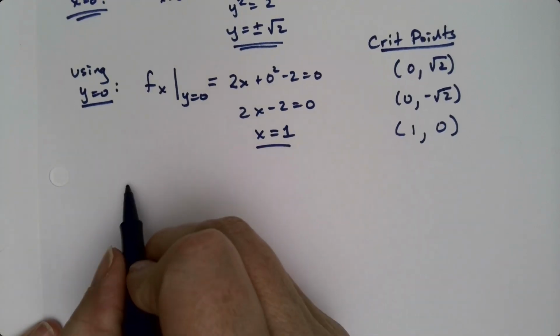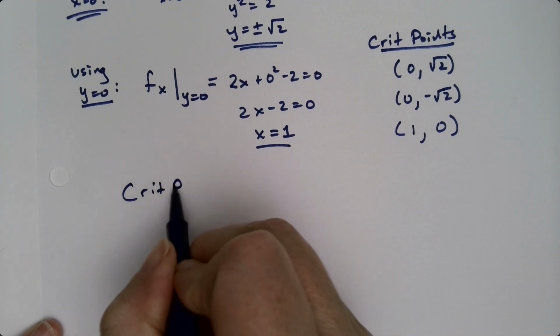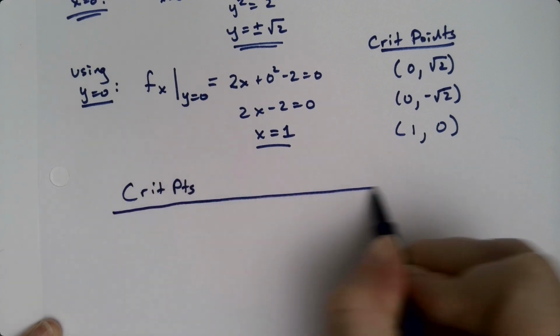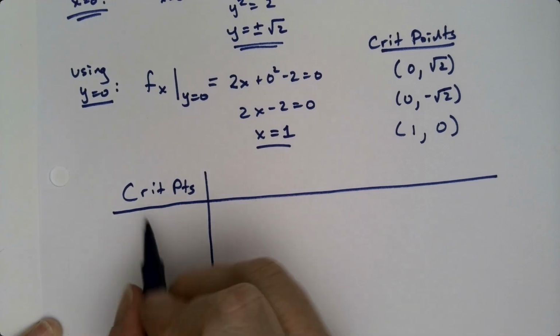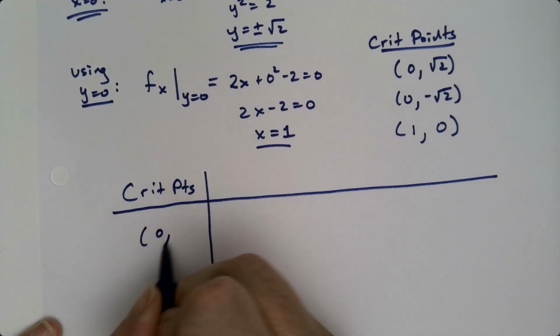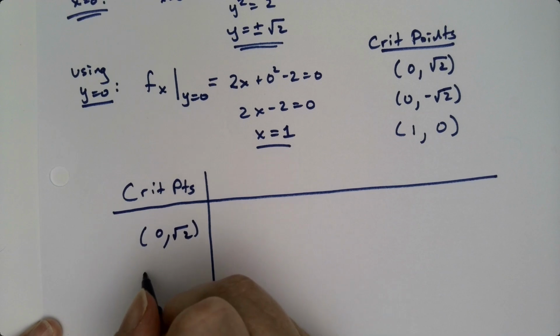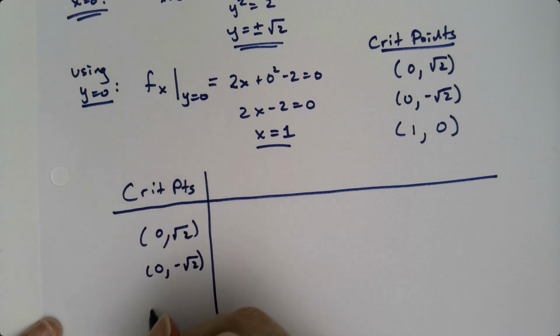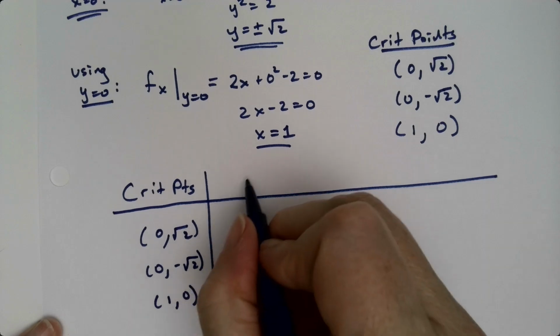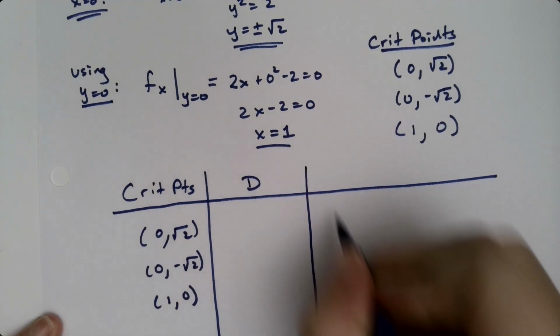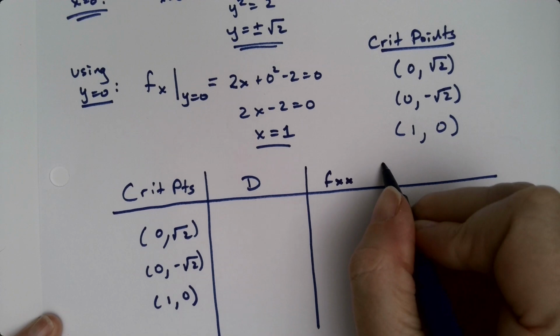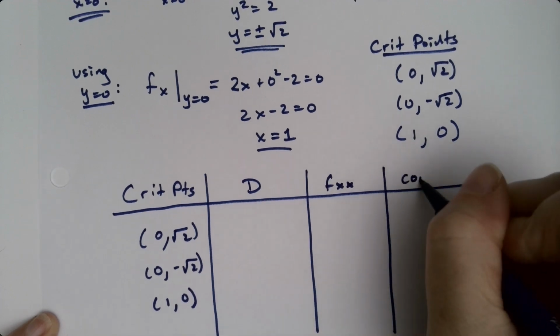So we're going to need a table. We're going to need the critical points, right? So we know there's 0 square root of 2, 0 negative square root of 2, and 1, 0. We're going to need to know d, and we're potentially going to need f xx, and then we will draw our conclusions.